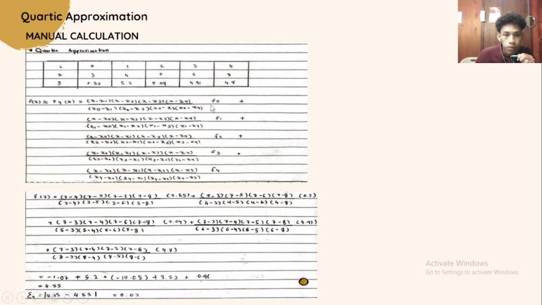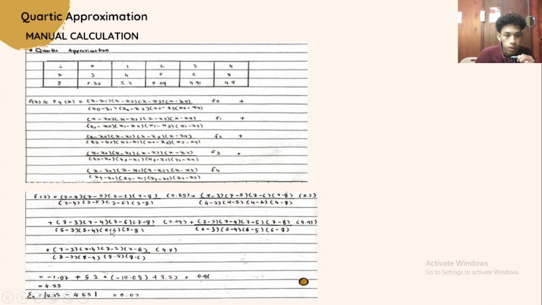So we have F0, F1, F2, F3, and F4. All of this we need to plus. So the first equation, this one, for quartic approximation, we need to times 5.35, which is y0, and then this one we need to times 5.2, which is f1.